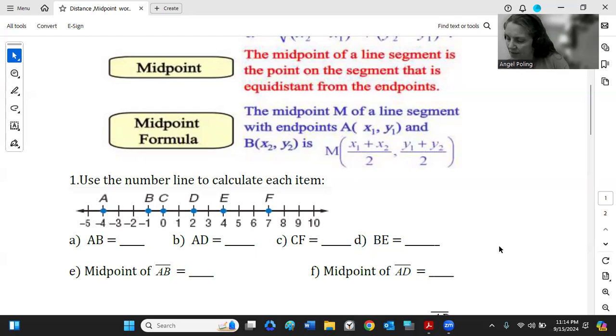So the distance from A to B is what we're being asked, is 1, 2, 3 spaces away. And the distance from A to D is 1, 2, 3, 4, 5, 6 spaces away.